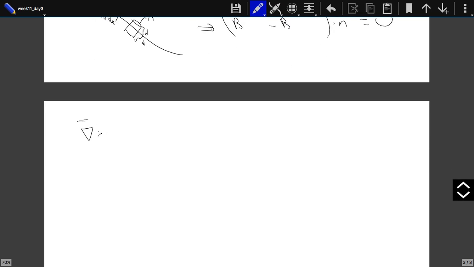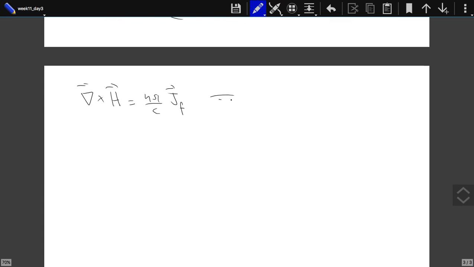Now, the curl of H is equal to 4 pi over C times J free. From now on, I will just drop the F. Whenever I talk about J, I will be talking about the free current.